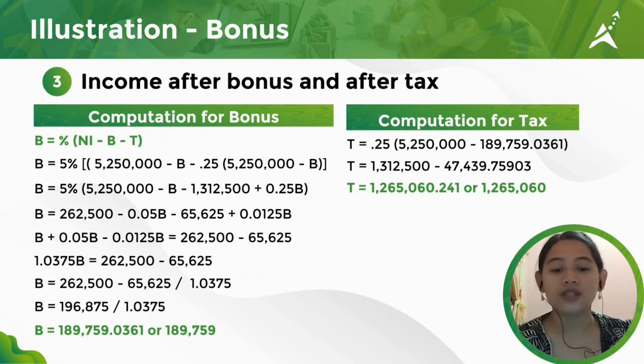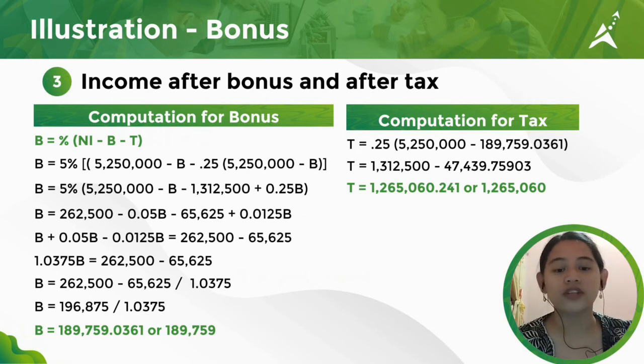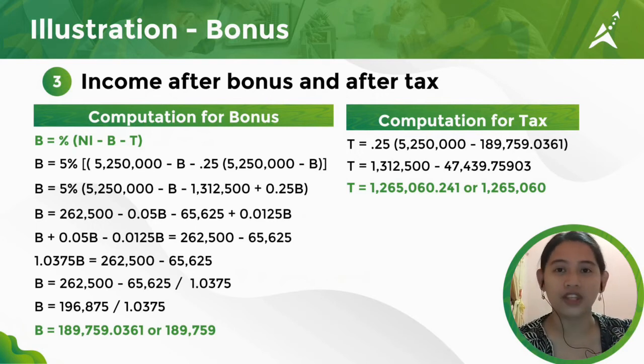Next, 5% times 1,312,500, then 5% times B again, 0.25. We just exchange the numbers until we transfer the value of B. So, it becomes 1.0375B equals 262,500 minus 65,625, and we come up with a bonus of 189,759.0361, or 189,759 pesos.